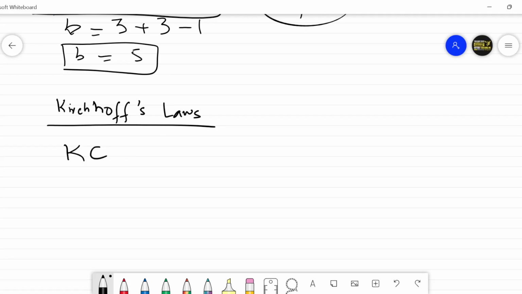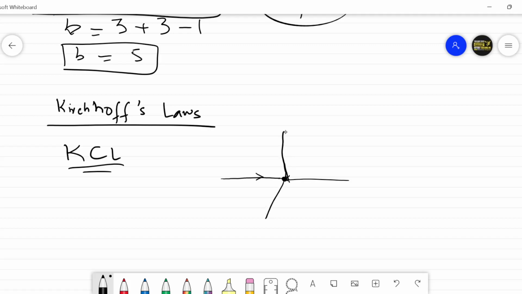We have two laws here, Kirchhoff's current law and Kirchhoff's voltage law. Kirchhoff's current law states that at a particular node, or what you can also refer to as a junction, a number of branches are emerging.